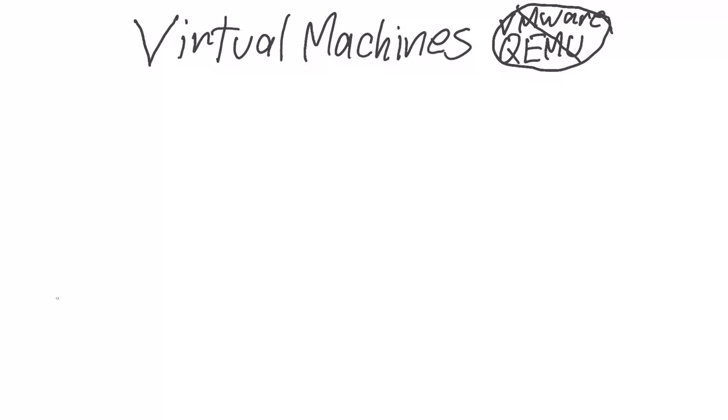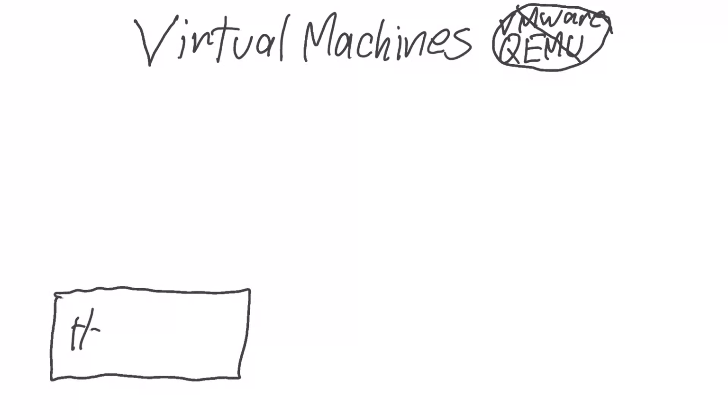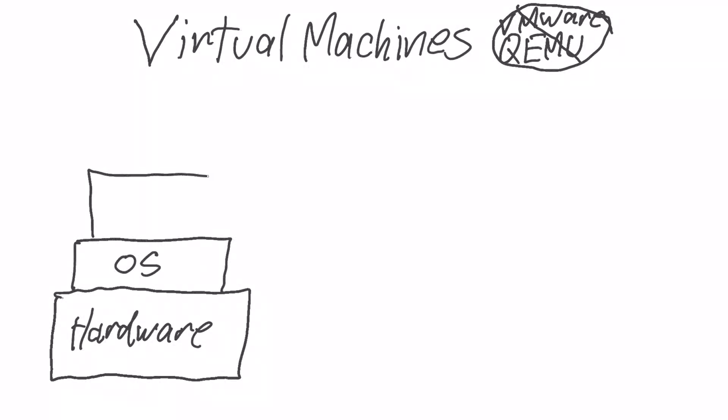So you'll recall from a previous video, I talked about abstraction layers with hardware at the bottom, and then an operating system, and then your language, and your execution environment.